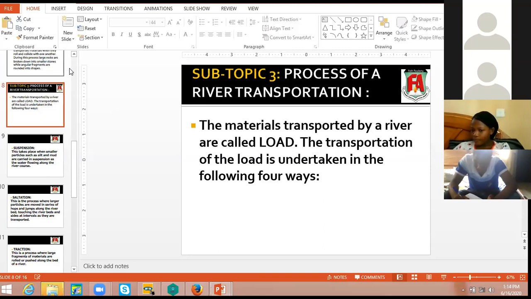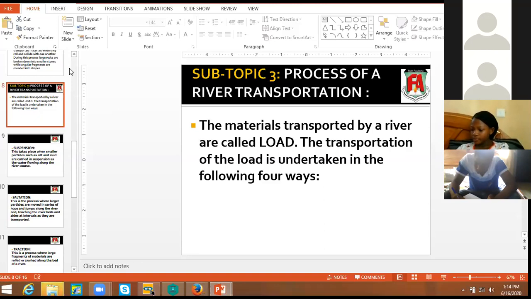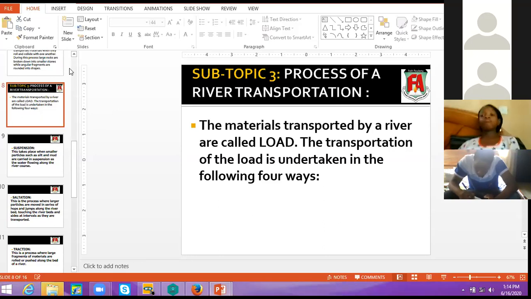Now, the next one we have is the process of river transportation. You should not forget that in geography, transportation means 2 things: one in physical geography and the other in human geography.